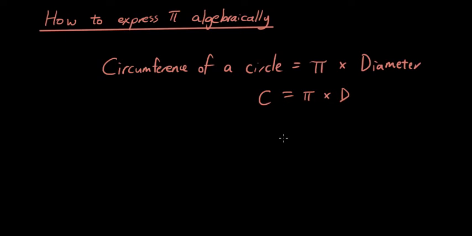Simple enough. So if I want to calculate pi, I can simply rearrange this equation, which will give me pi is equal to circumference divided by the diameter.